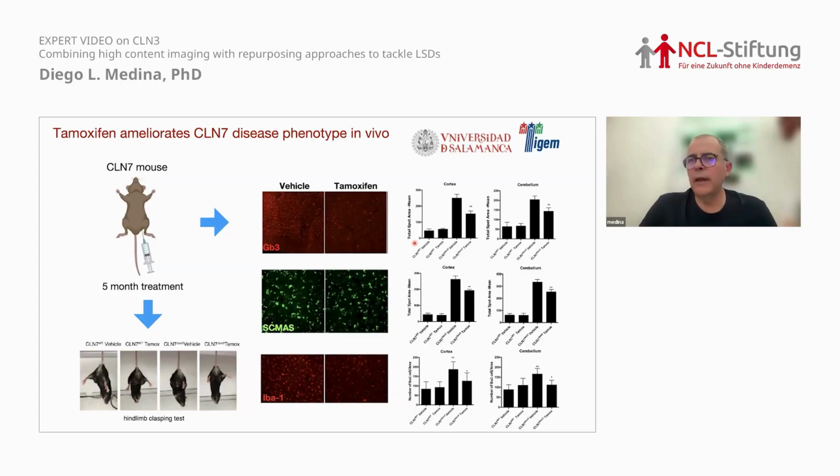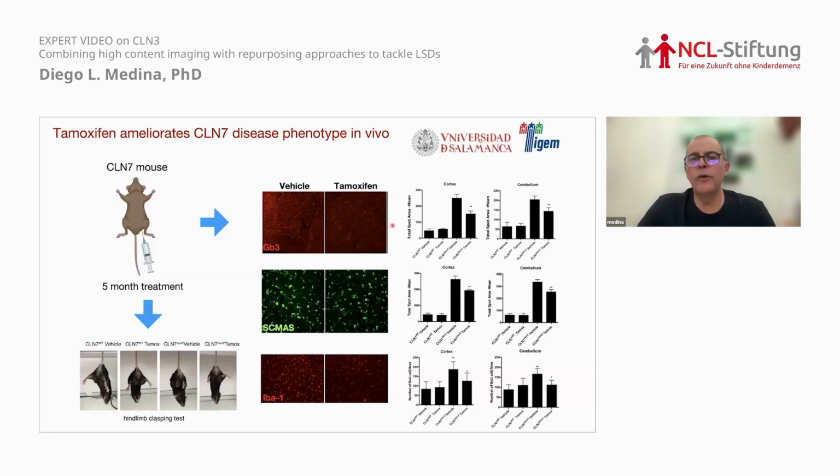So we injected these mice with tamoxifen for 5 months, and then we collected tissues from the central nervous system, so from brain, and we looked for different pathogenic markers.